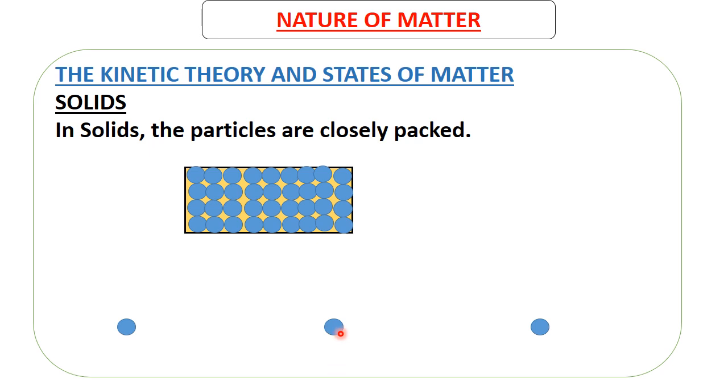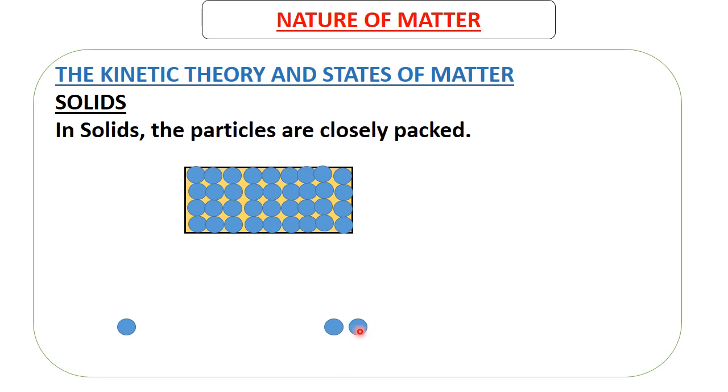Let's assume that the force between this particle and this particle is attractive in nature. So the behavior of this particle is that it will be trying to get close to this one while it's being pushed away by this one. So it will be moving left, right, left, right.